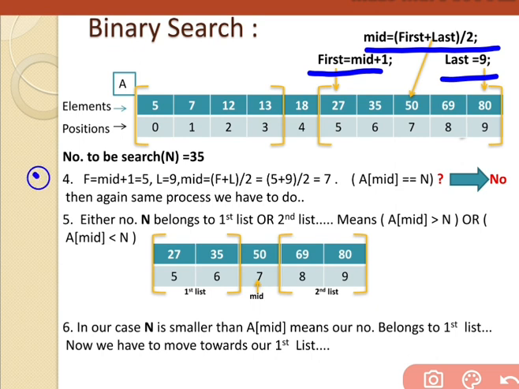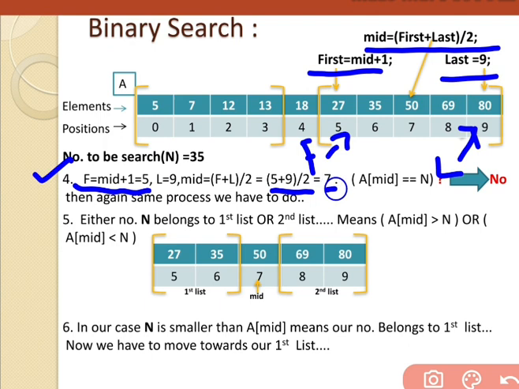Now see this point: first is mid plus 1, which equals 5. Now our first is here, 5, and last is already here. So 5 plus 9 divided by 2, always an integer as I told you earlier, is 7. So our 7th location is our mid location.